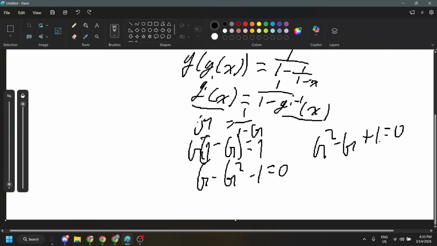Put in 0, you get 1. Put in 1, you get 1. So maybe 0.5. A quarter minus a half plus 1. Yeah, so this is a vertex.